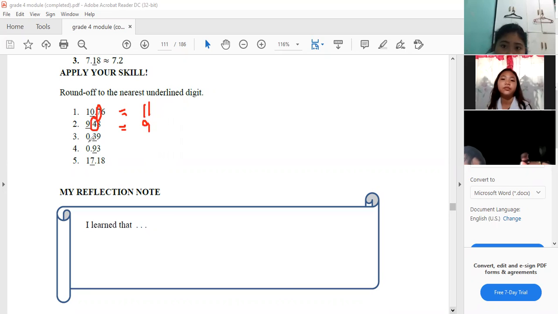How about this one? 0.39. This 3 would become 4. 0.4. So, there's still gonna be the 0 in the front? Yes. Kapag decimal tayo, kapag before the decimal point, kailangan may 0 po, kung walang whole number dyan.